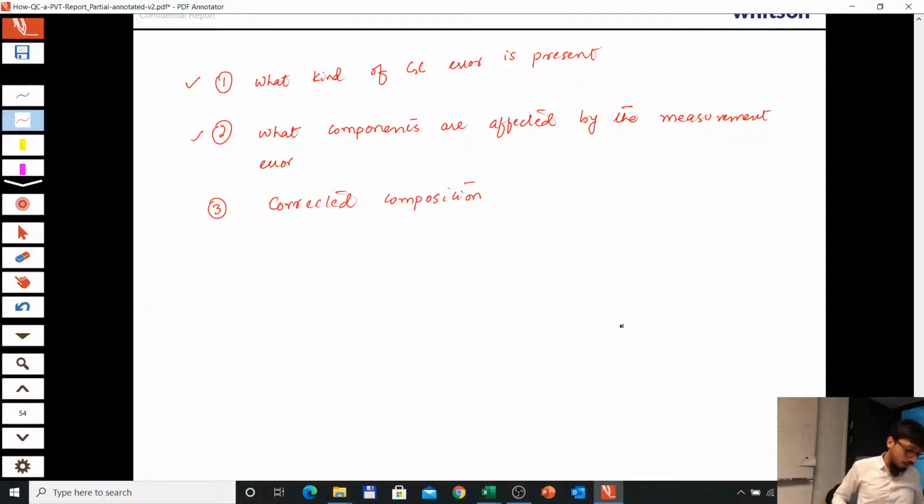And with this, we can conclude that you can find what kind of error there is in the GC, you can also find from which component the error starts, and you can also find the corrected composition very accurately.